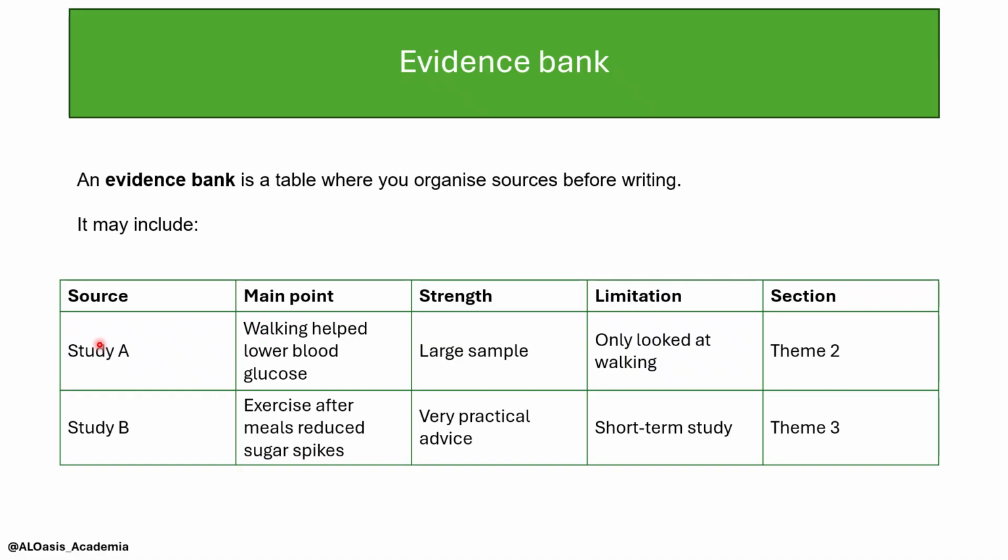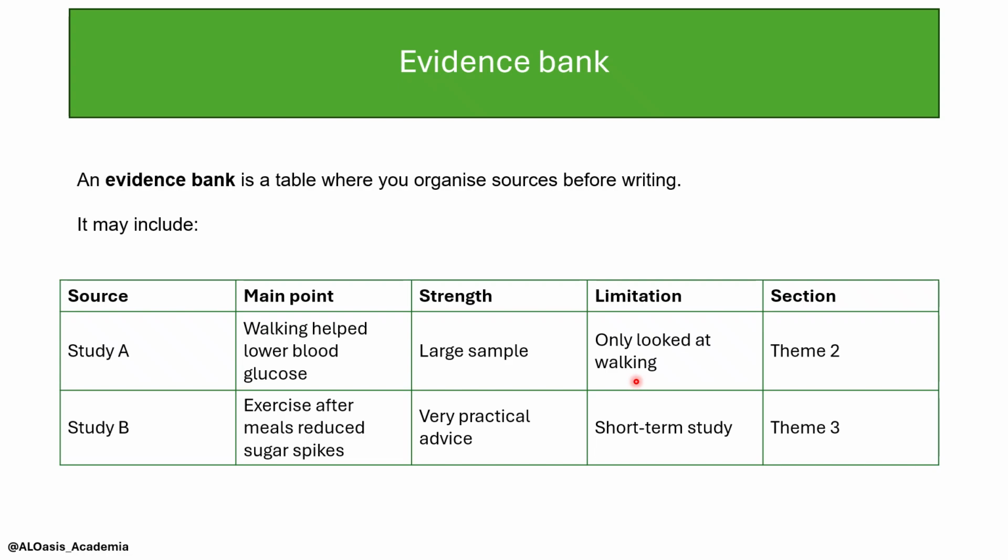So for example, a source, study A: write the reference of the paper here. Then you write briefly the main points mentioned in that paper. What's the strength of the paper? For example, if the paper has a large sample. Does the paper have any obvious limitation? For example, it looked at only one physical activity, they didn't look at multiple things.